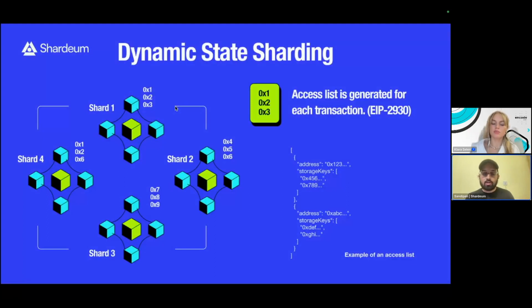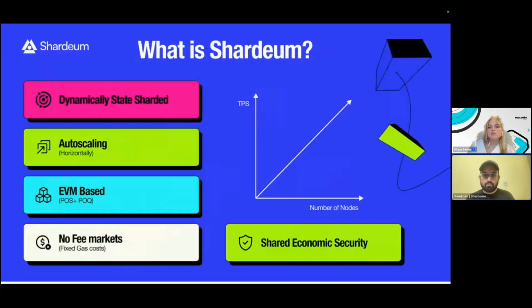It's not possible to predict which access list, or even which node, will store which part of the data. Everyone has a chunk of the pie, but no one has the entire pie. So it's efficient in that way. Using just a chunk of the pie, you're able to do your work and process the transaction, and the rest of the pie does its own thing. That's what sharding is bringing to the network.